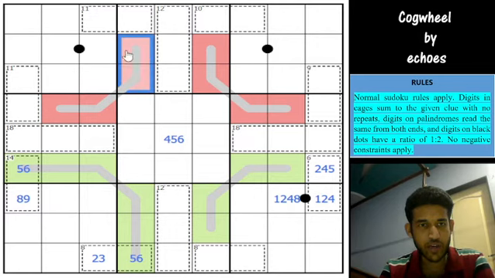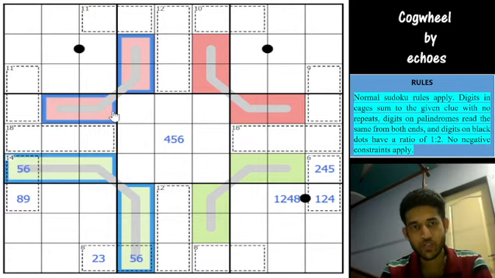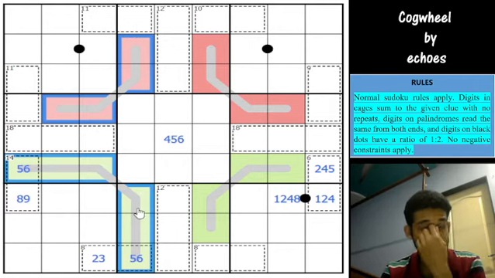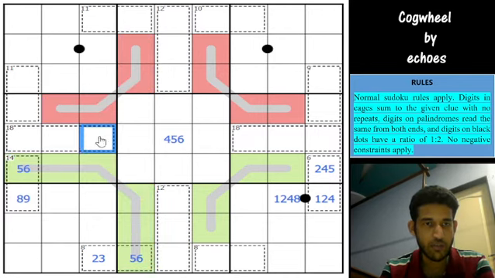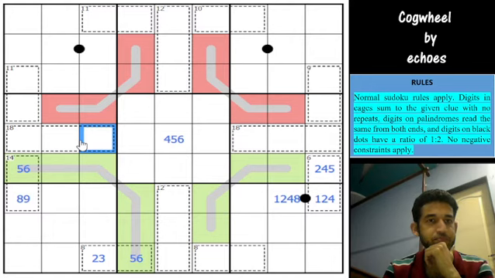Because you can notice that in column 4, these 5 cells would be the same as these 5 cells in box 4. So the rest of the cells in that column, because this column contains one set of digits from 1 to 9, and this box also contains one set of digits from 1 to 9, which means that these 4 digits, the cells which are not highlighted in this column, must be the same as these 4 digits, because the reds and the greens cancel out each other. So that may be useful, right?